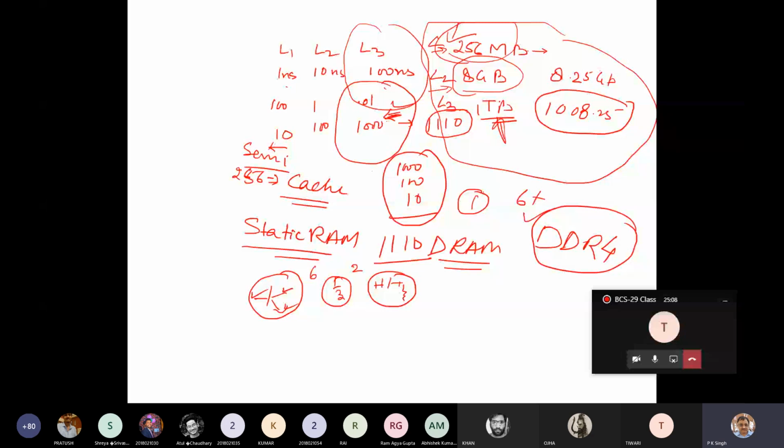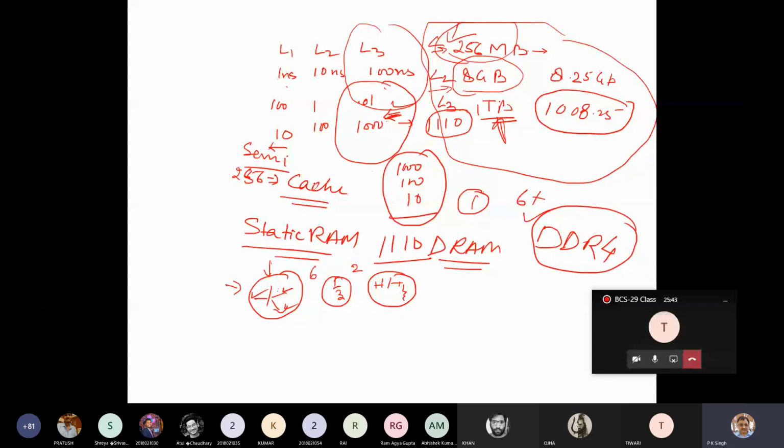That we will discuss when we discuss the technology. Okay, and the access speed of this is almost comparable to the processing speed. And now we have the technique through which we try to keep all the references generated by the processor available in the cache memory.